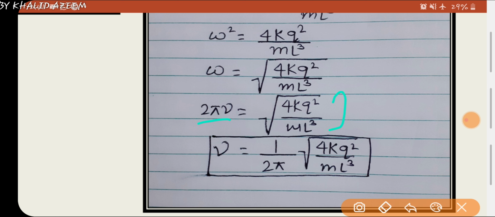So nu gives 1 upon 2 pi under root 4k q square upon m L cube. We can solve further. Take this 4 out from the under root, and it will become nu equals 1 upon pi under root k q square upon m L cube.